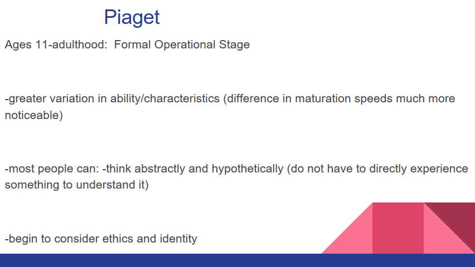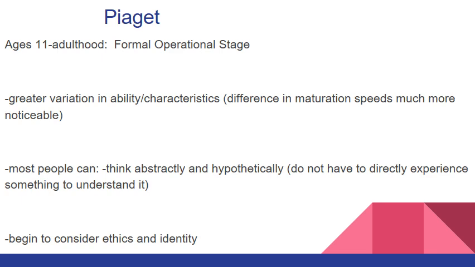The fourth stage in Piaget's theory of cognitive development featured students from ages 11 to adulthood. This stage was called the formal operational stage. During this stage, there was a greater variation or difference in ability among students based on their maturity level and cognitive abilities.